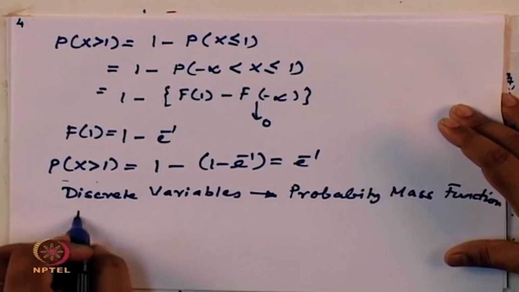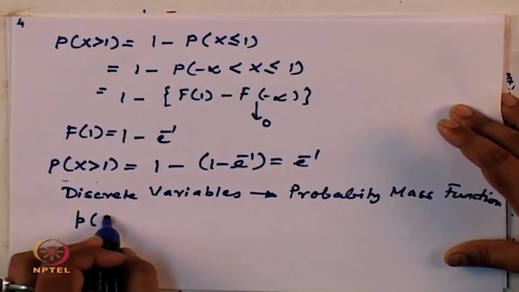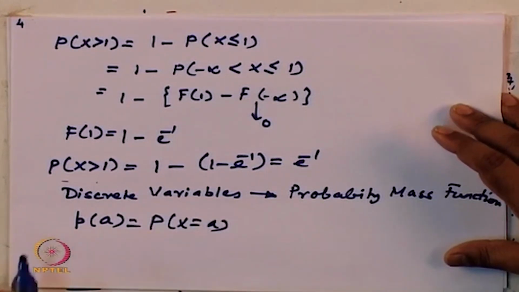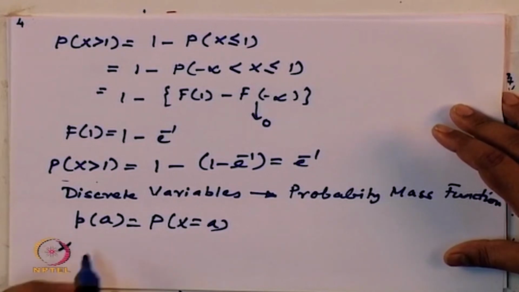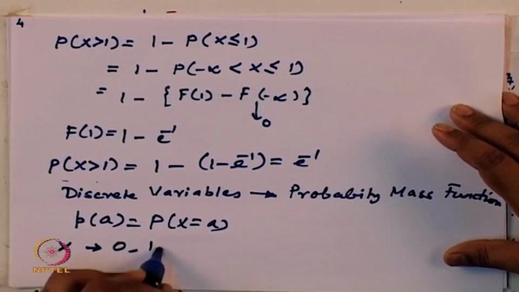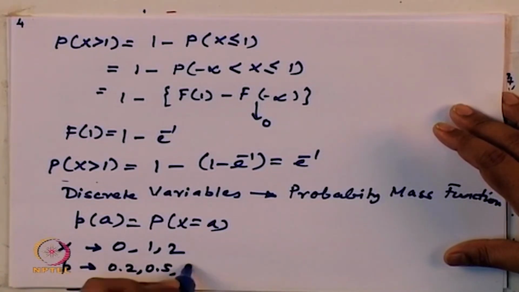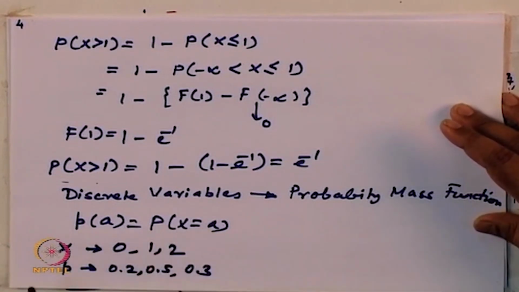And the probability mass function is given by p of a equals probability of x equal to a. So, if x is a random variable which takes the values 0, 1, 2, and the probabilities, let us assume, are 0.2, 0.5, 0.3, from here I can compute the cumulative distribution function.